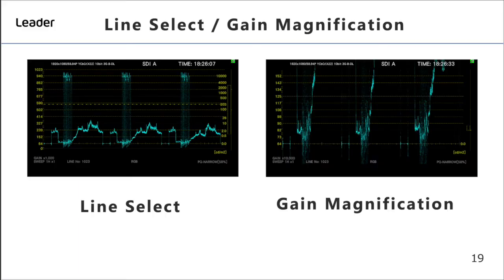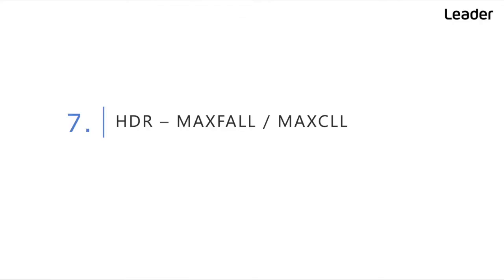Dedicated test and measurement products include control features that allow the operator to analyse in depth the video signal with waveform and vector scope tools like line select display and gain magnification. With grading software, you don't always know where the waveform monitor and vector scope are monitoring the signals. Is it pre or post LUT?